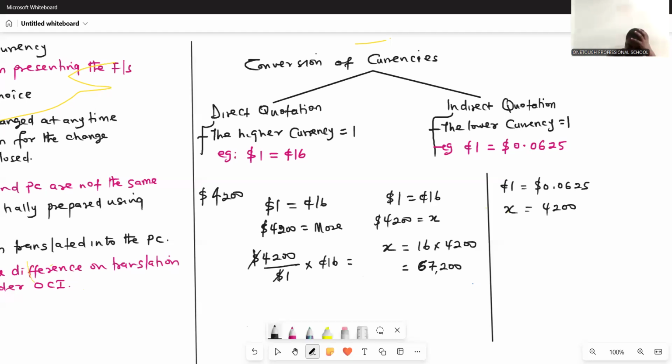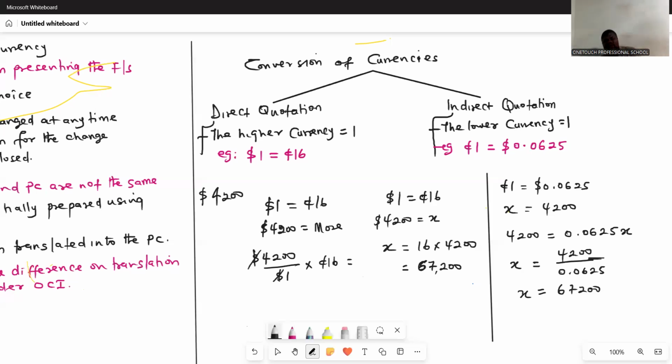It will be 1 times 4,200, which is 4,200, is equal to 0.0625x. True or false? True. So x is equal to 4,200 divided by 0.0625. How much are you getting? 67,200. So whether direct quotation or indirect quotation, we were taught this in class 4.